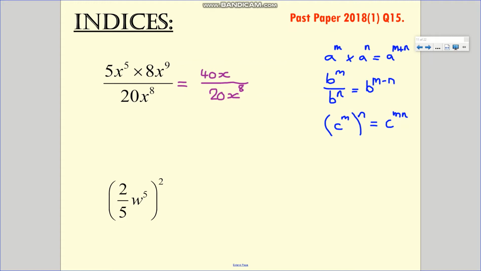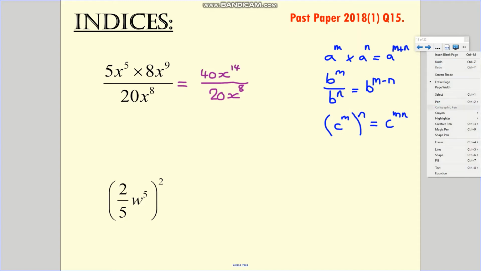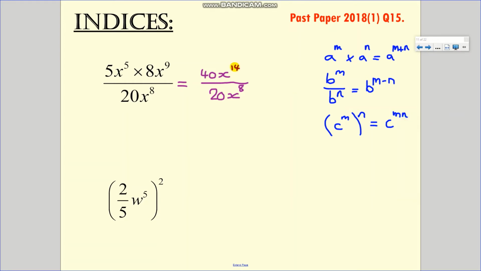When we're multiplying two bases that are the same, we're going to have to add together the power numbers. Okay, so x to the power of 5 and x to the power of 9 combine. We're going to do 5 plus 9 to get our new power number, which is 14. Okay, so this 14 here has come together from adding 9 and 5.